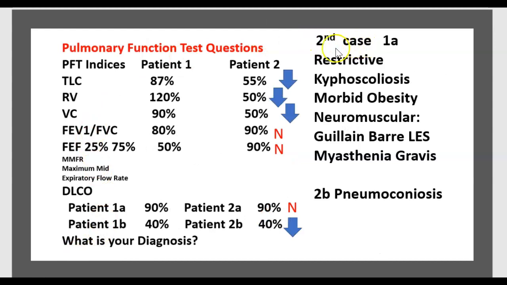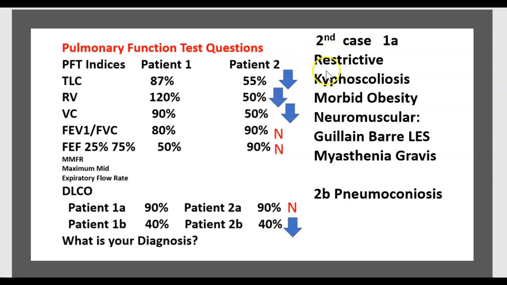Second case, 1A: total lung capacity 55% is decreased, residual volume 50% is decreased, and vital capacity 50% is decreased. Everything is decreased.